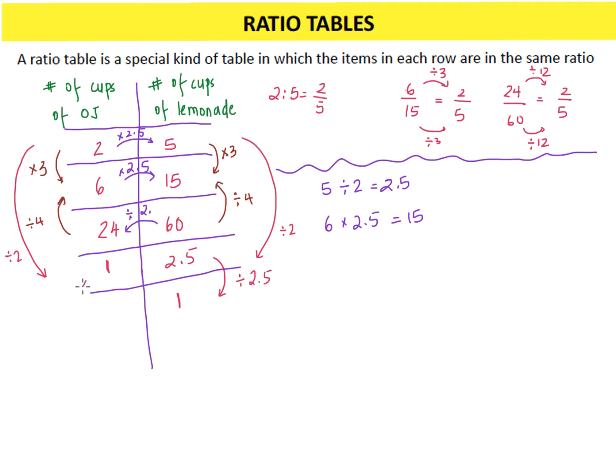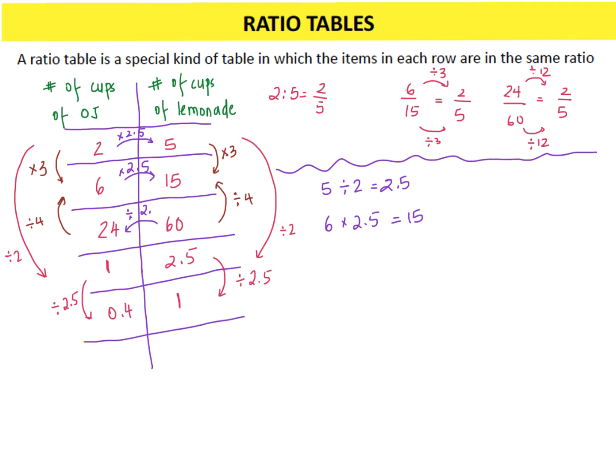And if I do the same on the other side, 1 divided by 2.5 gives me 0.4. So you don't have just one unit rate, you actually have 2 unit rates. For 1 cup of OJ, you need 2.5 cups of lemonade, and for 1 cup of lemonade, you need 4/10 of a cup of OJ.